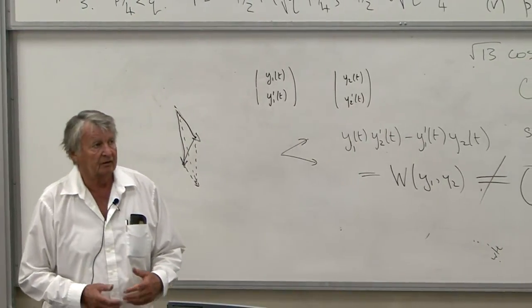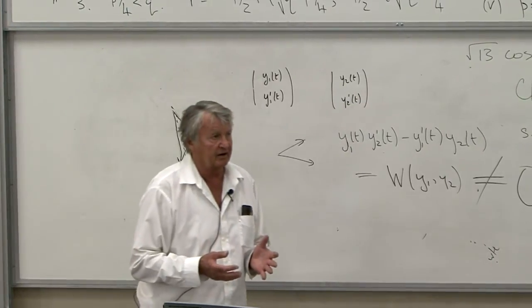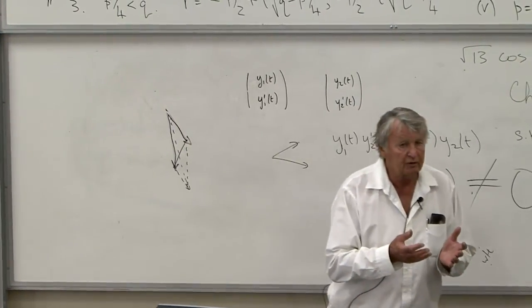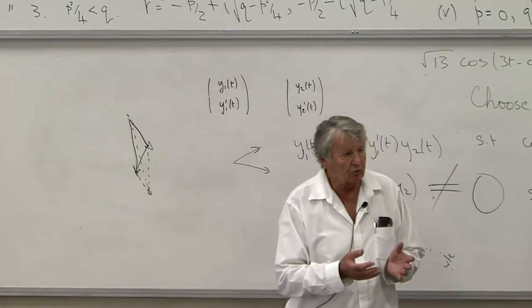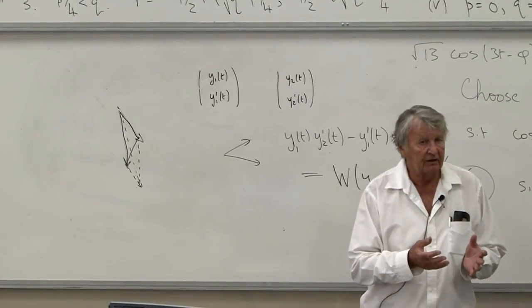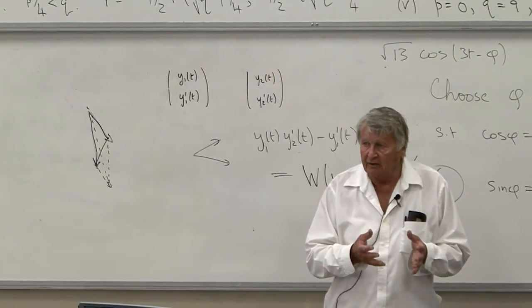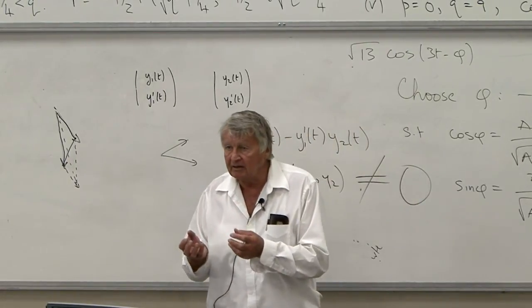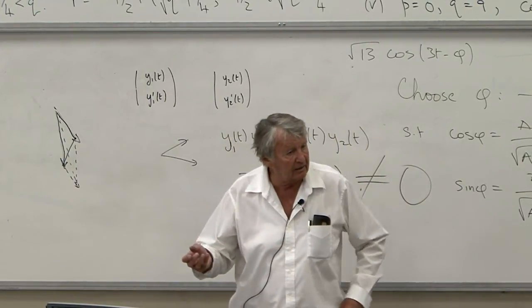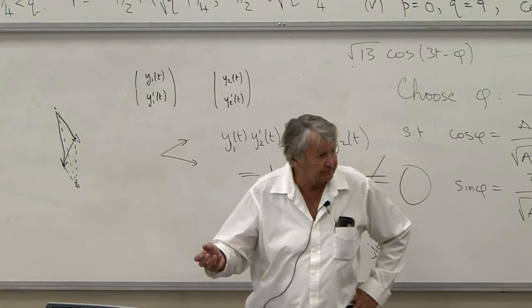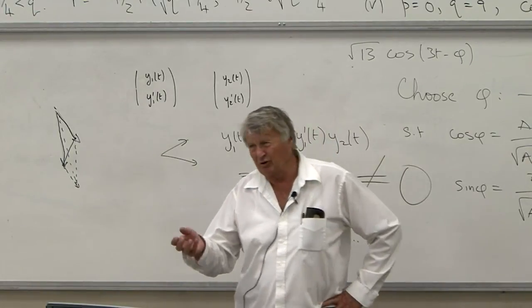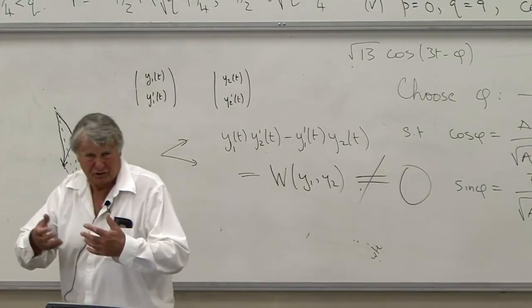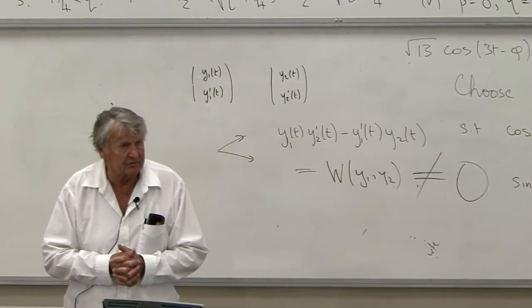Now, it's a bit late today to start on this, but what we're going to do next day is start talking about the Wronskian and the notion of linearly dependent and linearly independent vectors. Only we're going to be talking in terms of functions because they're solutions of differential equations.